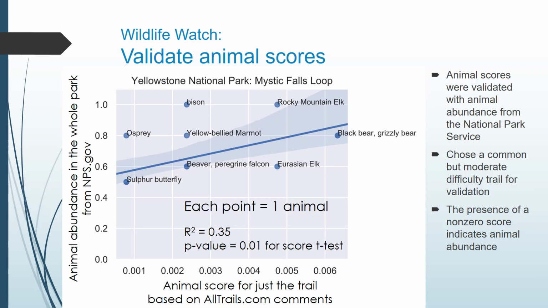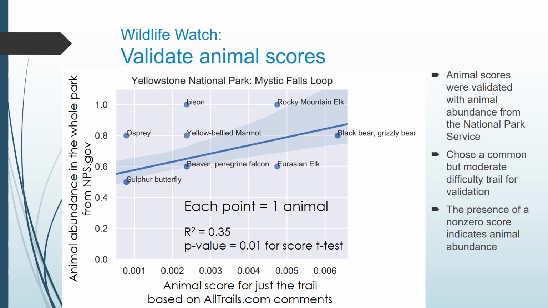I validate the animal scores that I calculate by comparing them to the animal abundance that I have from my National Park Service dataset. When there is a score that's above 0 for an animal, what I see here is that those animals are in fact common or abundant animals. This makes sense because users are talking about animals that they're seeing, which will generally be common or abundant. In addition, there is a weak but still positive trend between the animal abundance and the animal score.